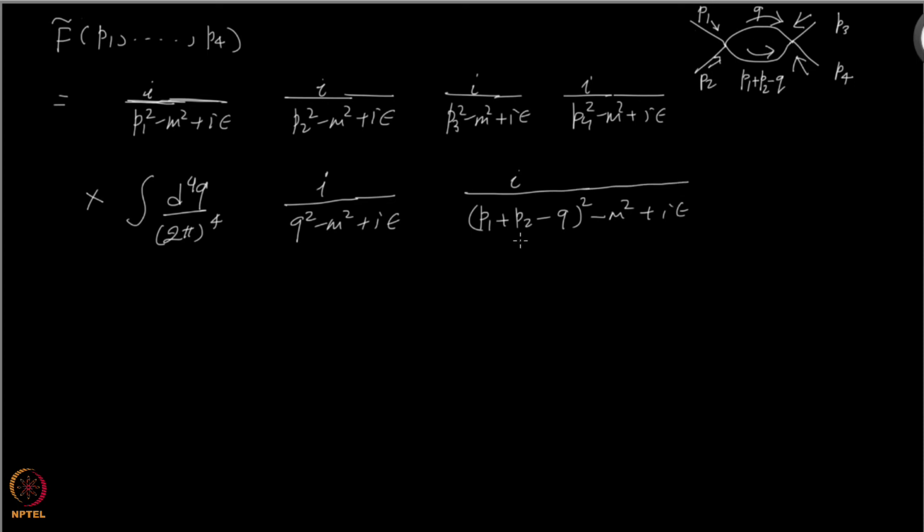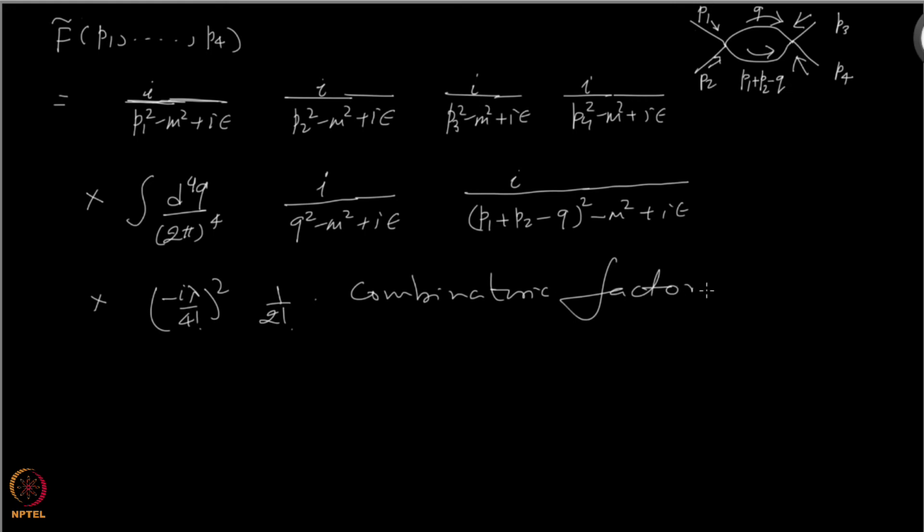Okay, then what else? You had a minus i lambda over 4 factorial from each vertex, 1 over 2 factorial from the exponential, and then the combinatoric factor.